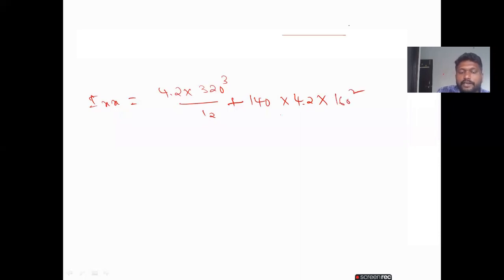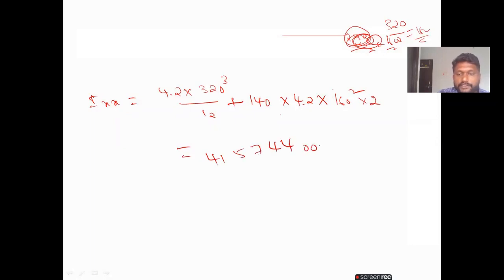How we calculated the 160: the length from the bracket edge is 240, so we have to take half of the D value, 320 by 2. So it is area into D square, so we get 160 square into two sides. So finally Ixx we will get 415,744,000 mm to the fourth.